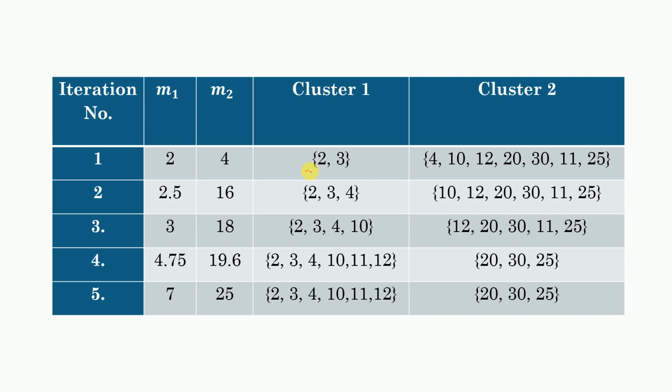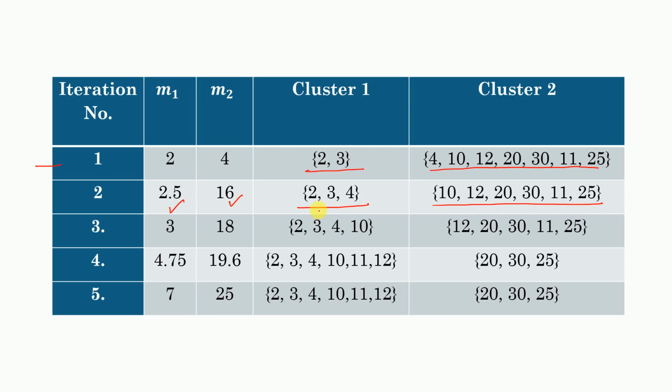After the first iteration, we got elements 2 and 3 in cluster 1 and 4, 10, 12, 20, 30, 11, 25 in cluster 2. So now the updated mean is 2.5, the mean of 2 and 3, and for these values the mean is 16. Applying the same process of calculating distances and assigning clusters, we have 3 points in cluster number 1 and these are the points in cluster number 2. You can do it and check it. I just leave it for you as an exercise.